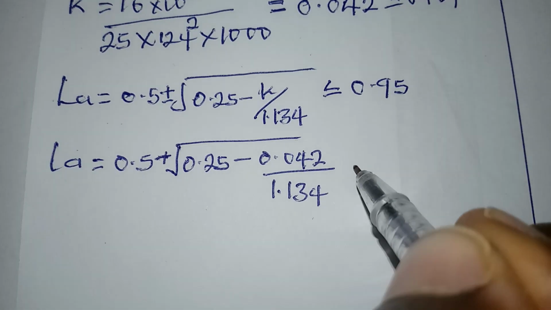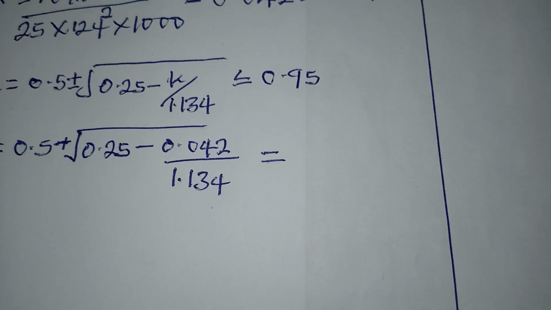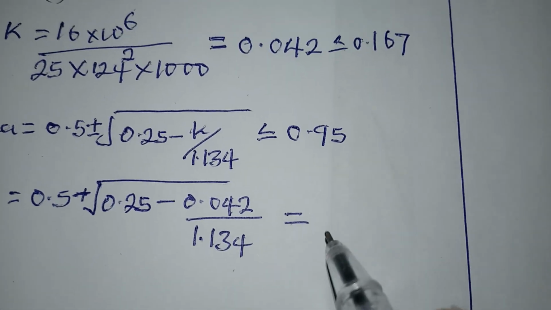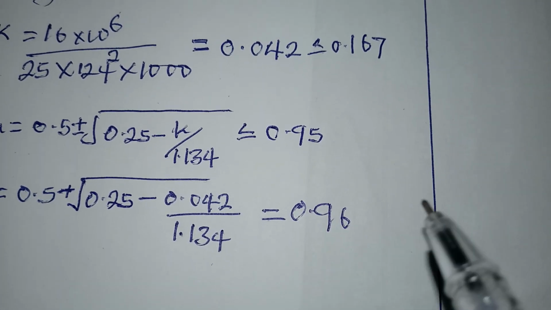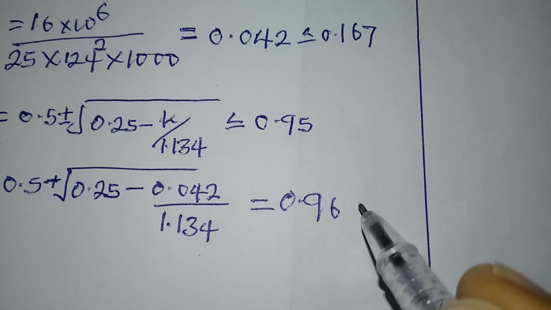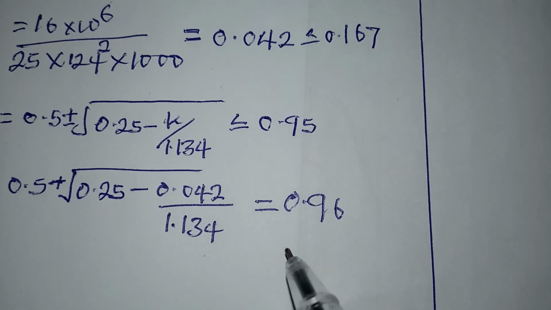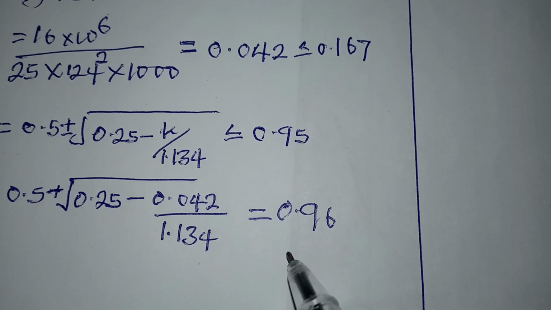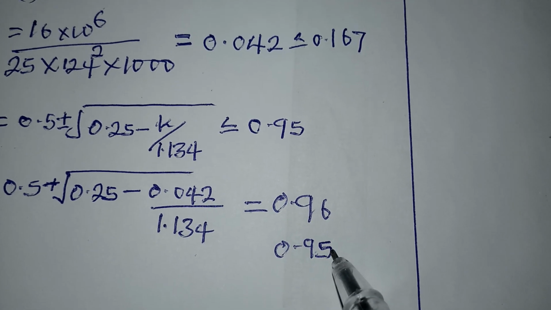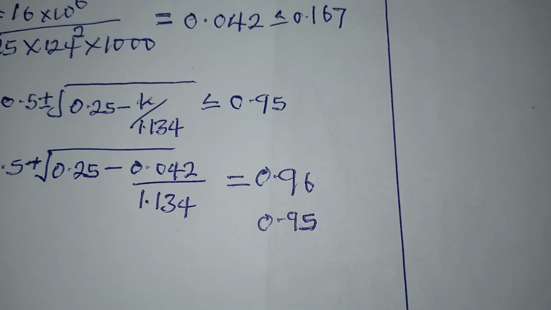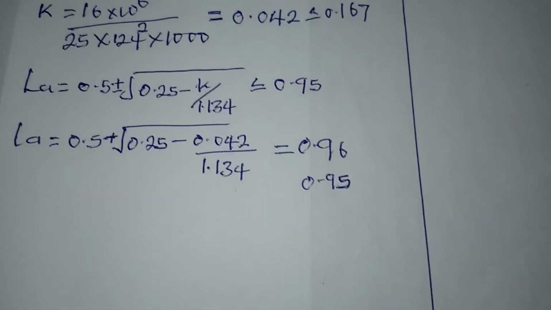After simplification we have 0.96, which is greater than 0.95. So we are going to proceed to use 0.95 instead to follow code, so we do not violate the Eurocode rule.